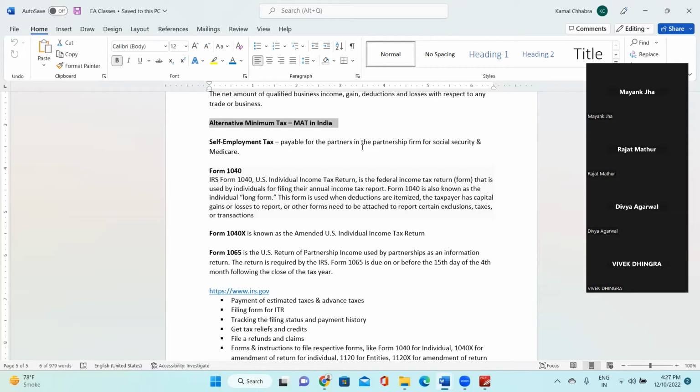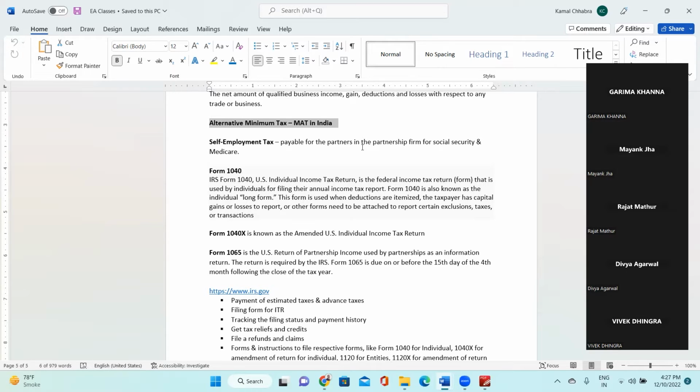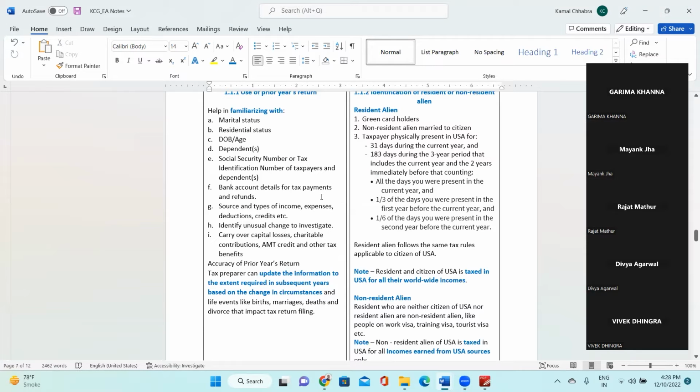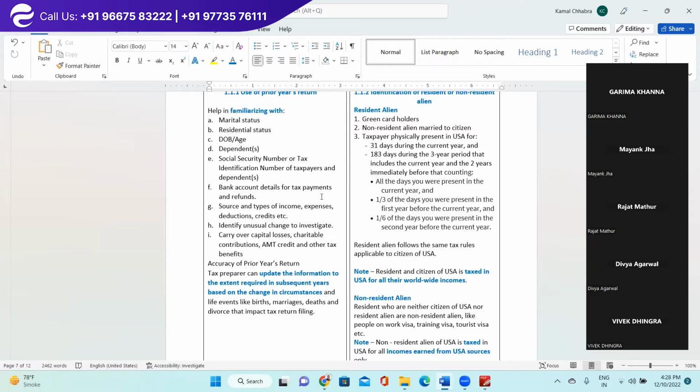If, for example, by the normal tax law their tax liability is coming to zero, but there are still a few items on which that company or individual needs to pay certain tax, that is called alternative minimum tax. In India we call it MAT, minimum alternative tax, but in the US it is called alternative minimum tax. Right? Make sense? And that is available as a credit in a future year when you have normal taxable income. Right? Any doubt on this?